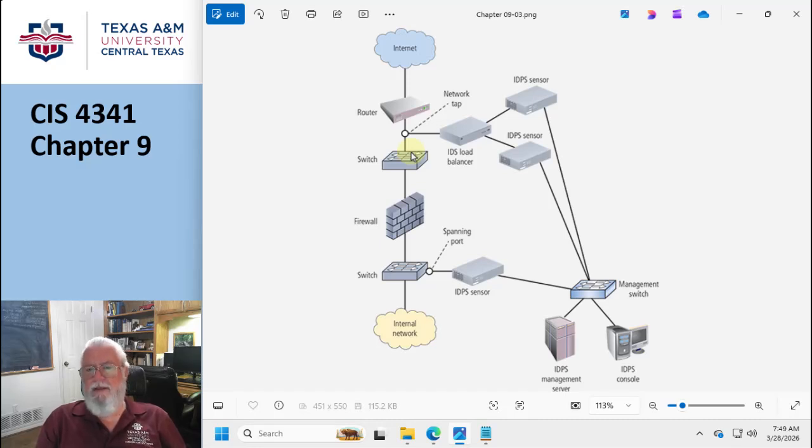And here's the real key to it. I hope you guys are paying attention. So we talked about network-based, right? So imagine I have an encrypted HTTPS connection to a web server. So my PC over here is connecting to your web server over here, and it's end-to-end encryption. Okay?